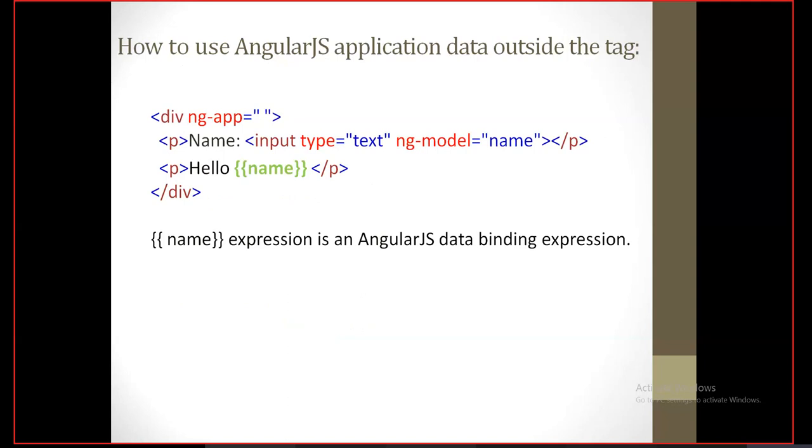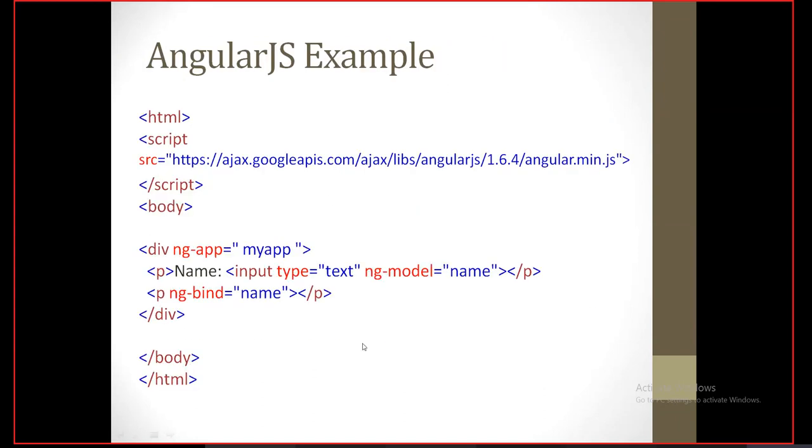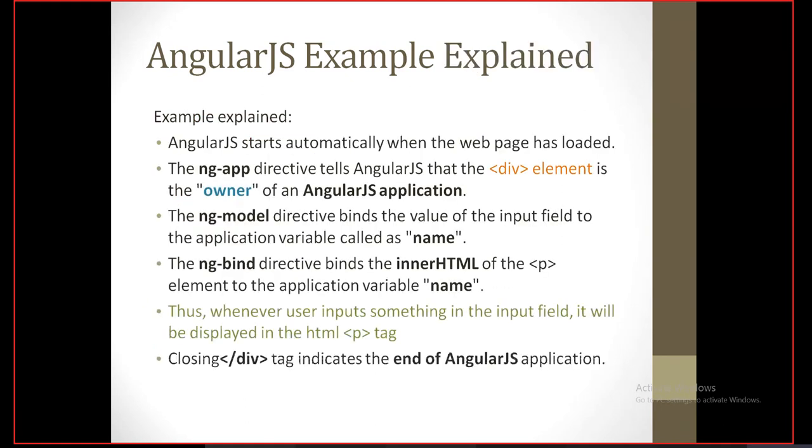Another thing: if you want to directly use the value, like here what we did is directly use the value of the variable name, then we can define the ngBind directive and provide the application data variable name. But if you want to compute something with that variable's value, then we have to define an expression. How do we do that?